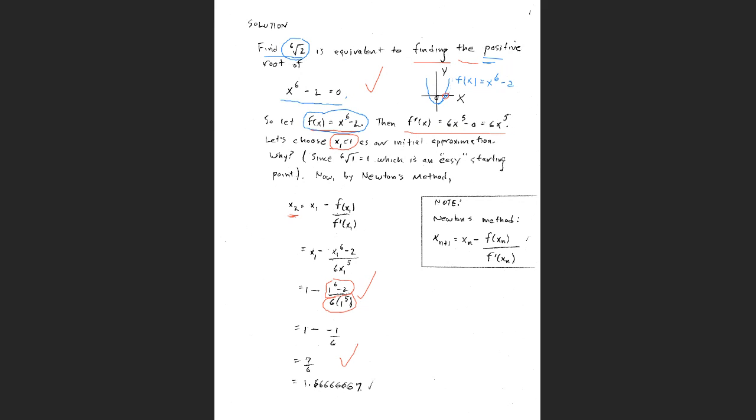So Joe, I just chose x1 equals 1. I say let's choose, but you don't have to choose x1 equals 1. You could have chosen x1 equals 3.